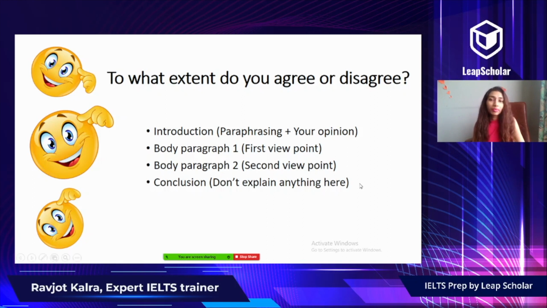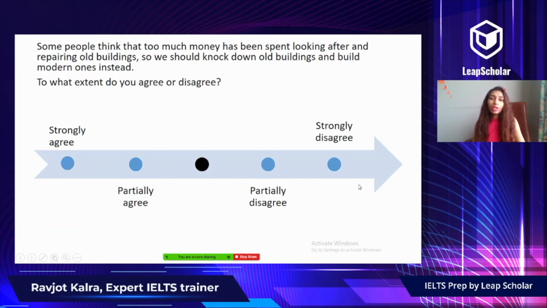Let's look at the next slide. This is a scale I have prepared for you, wherein you can decide how much you agree and how much you disagree on a certain topic. And that's the question for today. Some people think that too much money has been spent looking after and repairing old buildings, so we should knock down old buildings and build modern ones instead.